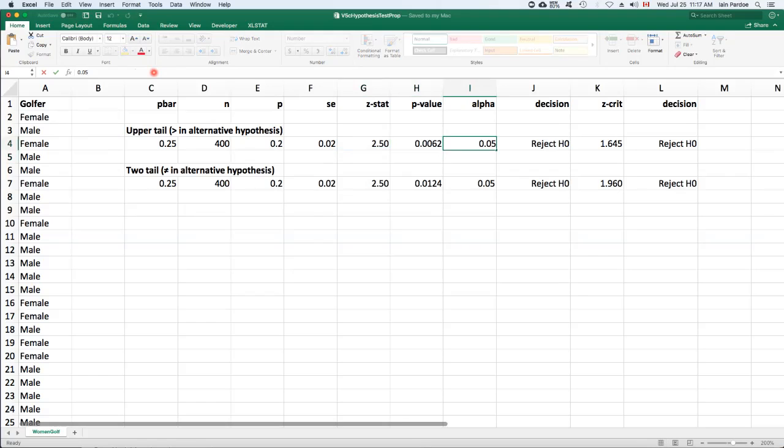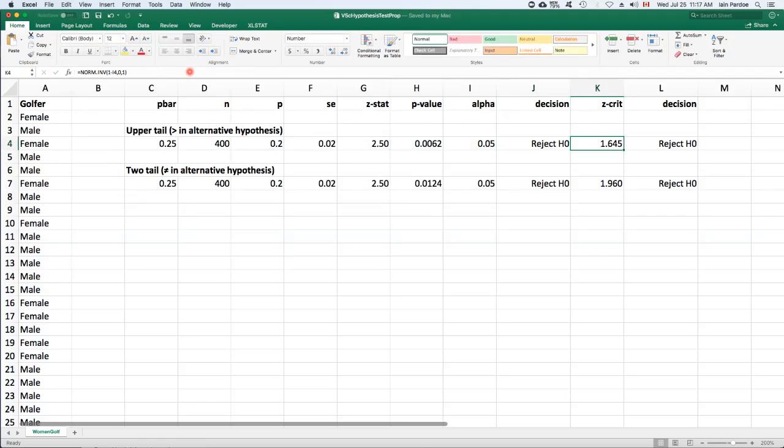Our alpha for this test is going to be 0.05. And because our p-value 0.0062 is less than our alpha 0.05, we'll reject the null hypothesis in favor of the alternative. It looks like the proportion of women golfers in this population is bigger than 0.2 based on our sample.